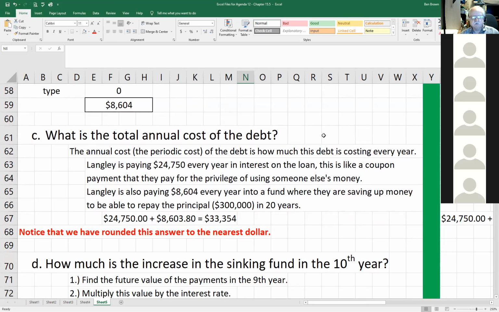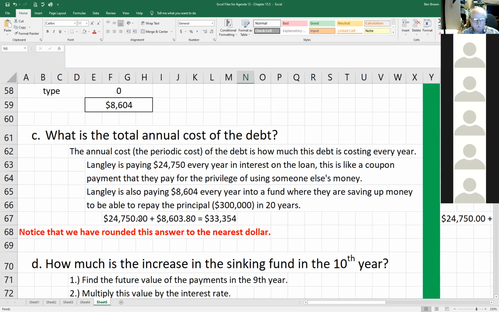Then they ask, what is the total annual cost of the debt? Meaning, what is the periodic cost? What's it costing them every year? So we know they're paying 24,750 in interest on the loan. And we also know they're paying 8,604 every year into the fund where they're saving money.